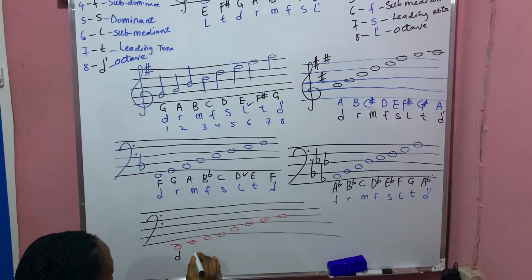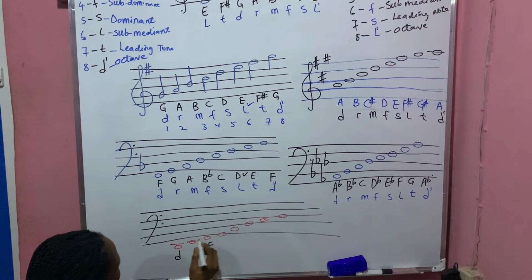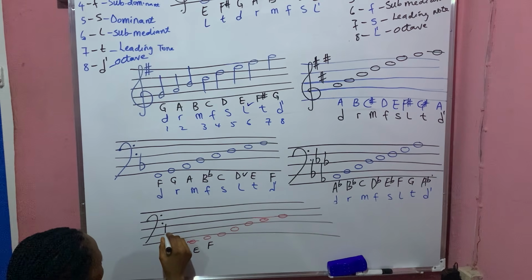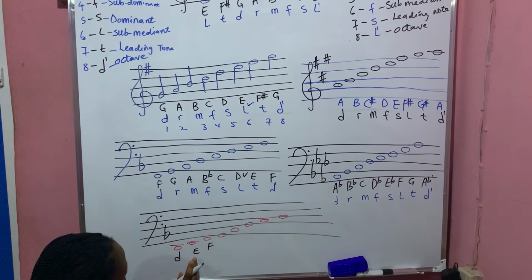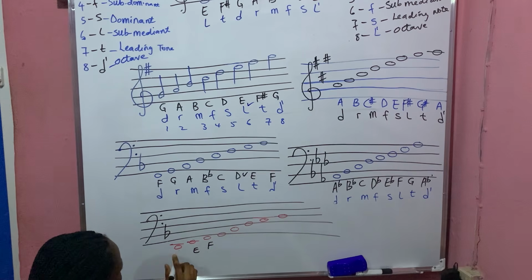So we have D, E, F. Now, sorry, the one flat. D minor has one flat. So D, E, let me write capital letters.